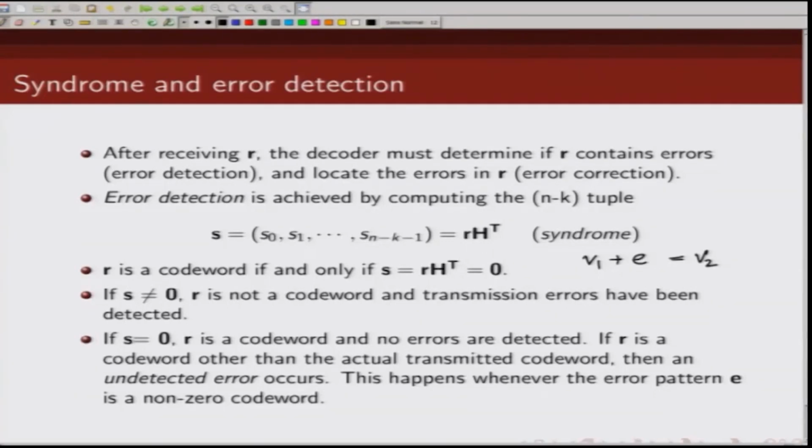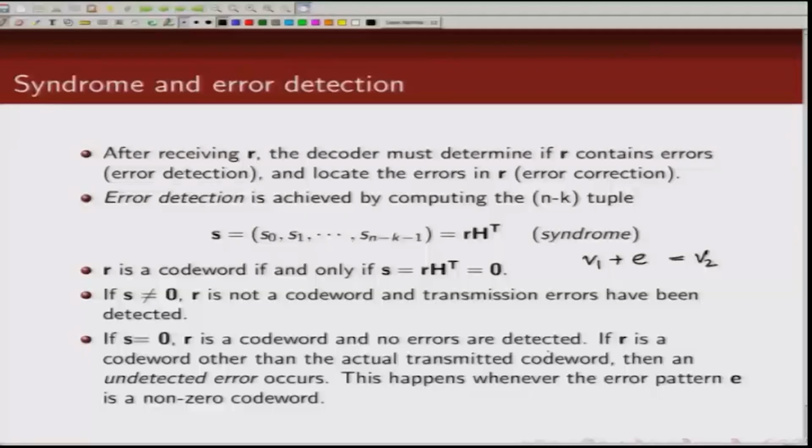Now, if I compute the syndrome, because V2 is a valid code word, then VH transpose will be 0. So, an undetected error happens when your error pattern is such that it transforms one code word into some other code word, and that is what we have written here. So, if S is 0 and R is a code word, that means no errors are detected.